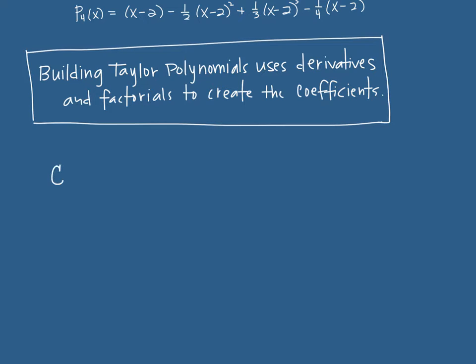We'll call the coefficients C sub n. Every coefficient is created with the following: f to the n of x, of a, I think would be better, over n factorial.